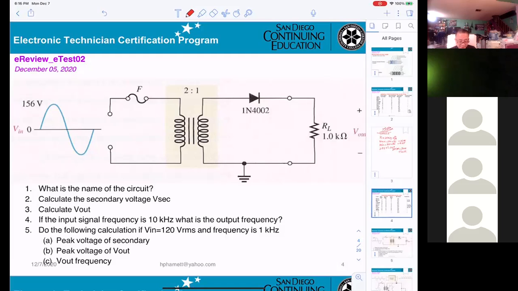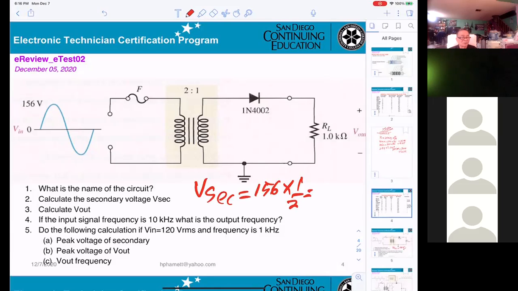It's stepped down. Yeah, but how do we calculate it? 156 divided by 2, I believe it's 78. So basically you're taking half of 156, right?